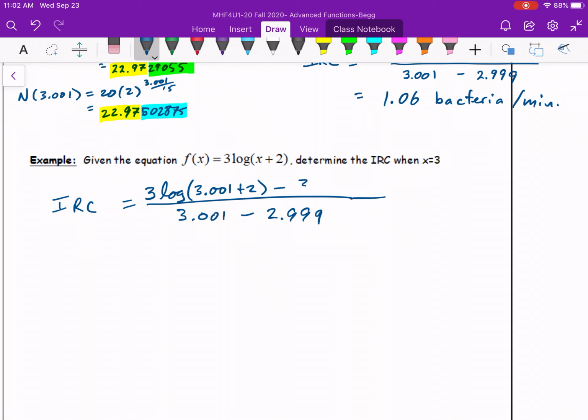And then, of course, 3 log 2.999 plus 2. And I can actually type this all in my calculator at once if I'm skillful at it, if I'm careful about order of operations. Then I could do it all in one shot.